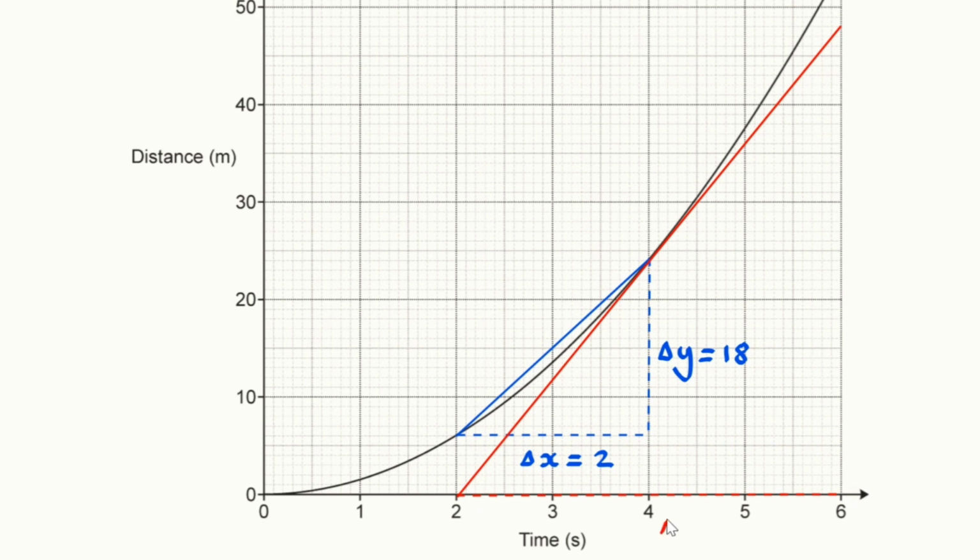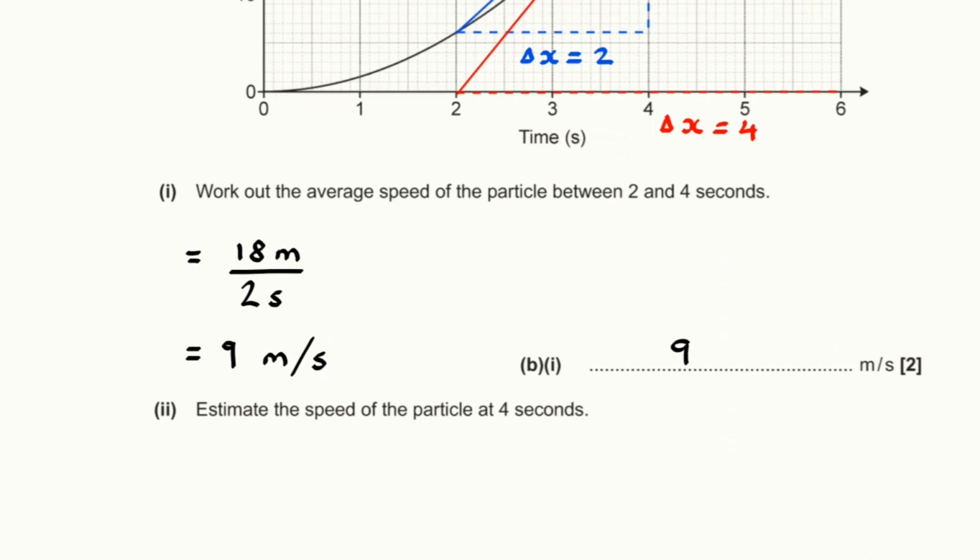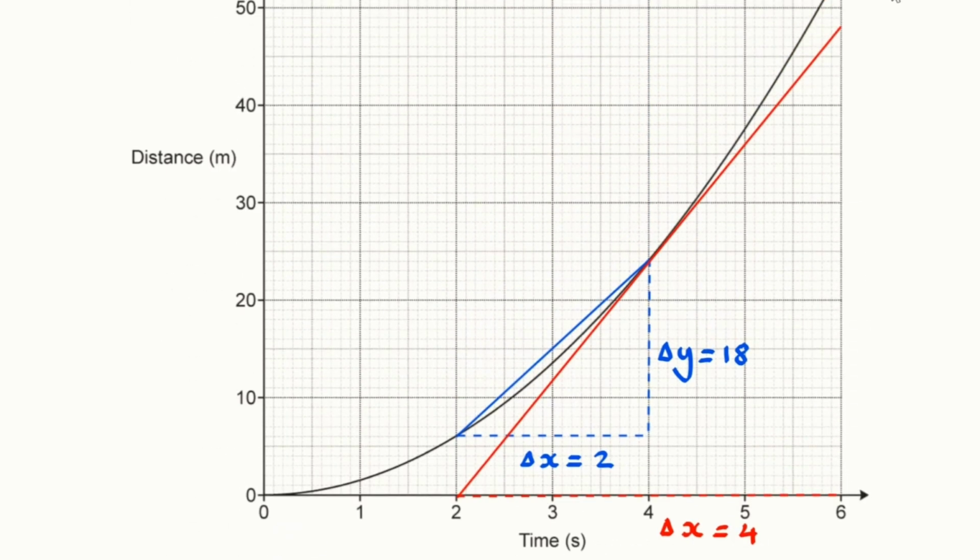So here is the change in x, which is 4. And then the change in y, we are going from 0 to 48. So the change in y over here is 48.